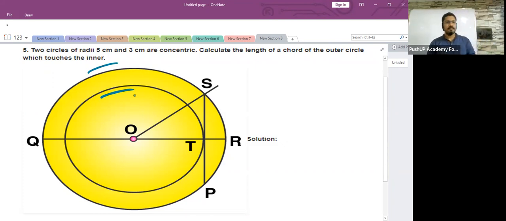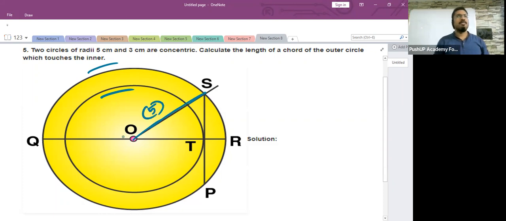All right. Now children, 2 circles are there whose radii are 5 and 3 centimeter. It's quite obvious, no children? Bigger circle, bigger radius. Smaller circle, smaller radius. So I can assume the length of OS as what? 5.